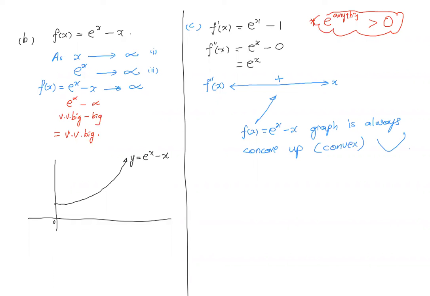Okay, now, so this is called a geometrical interpretation for the sign of f double prime x. So I have interpreted it geometrically.